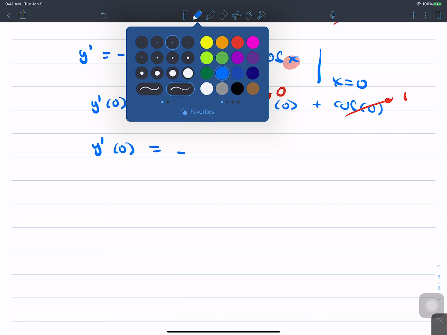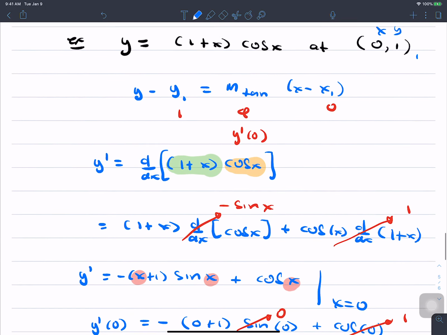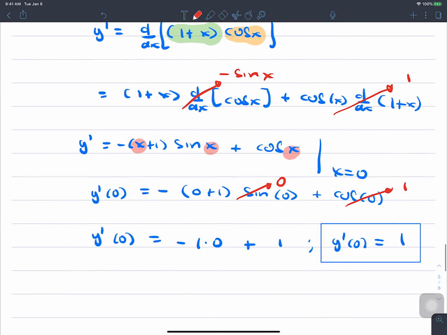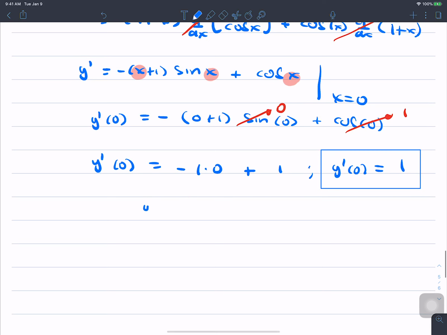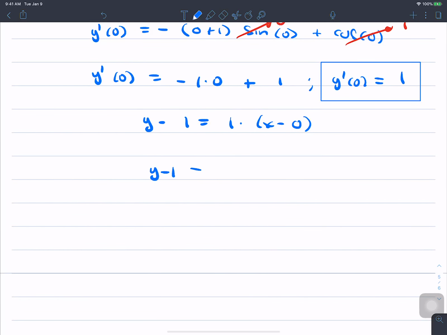So we get minus 1 times 0 plus 1, so y prime at 0 is really the value 1. So we replace this y prime 0 with a 1 here. So here's what you get: y minus 1 is 1 times x minus 0, or y minus 1 is simply x, which means y is x plus 1.